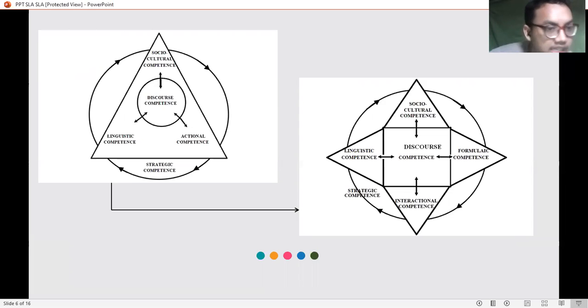Celce-Murcia's 1995 model was revised in the second picture from five competencies to six competencies: discourse competence, formulaic competence, sociocultural competence, linguistic competence, interactional competence, and the outside one is strategic competence.